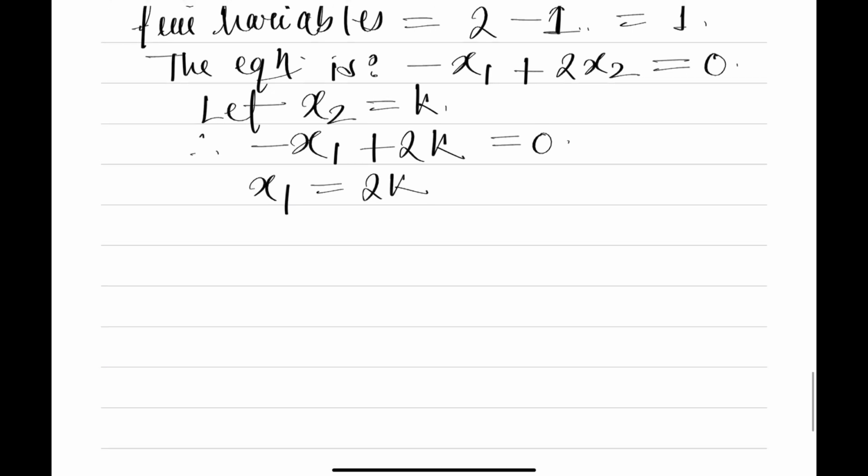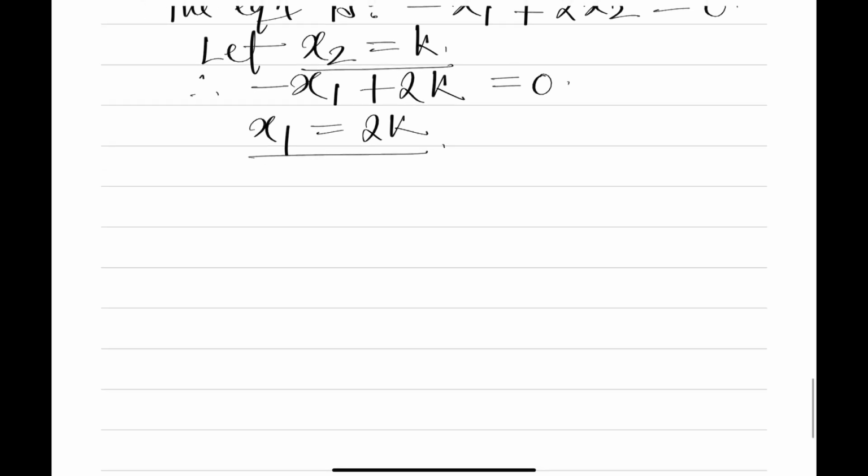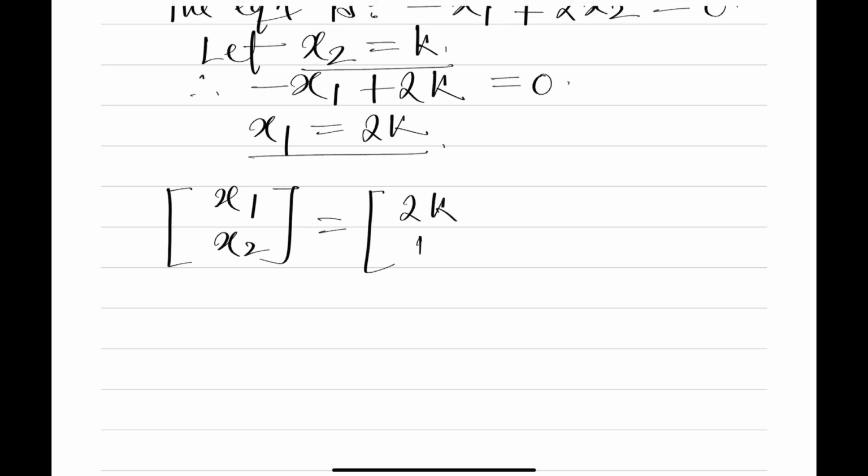Now we have x2 is k and x1 is 2k. We will separate our variables. Our values are 2k and k. Separating variables, it will be [2; 1].